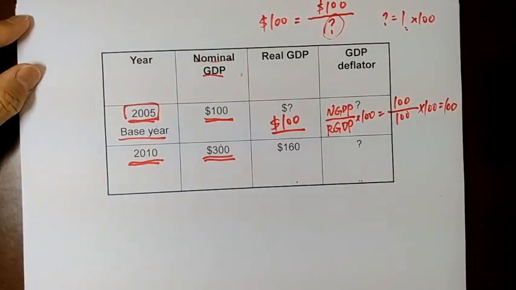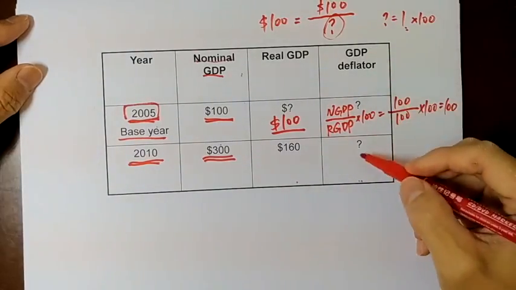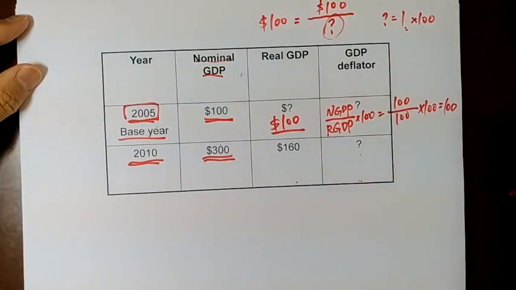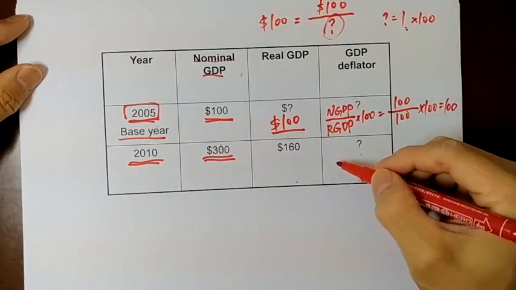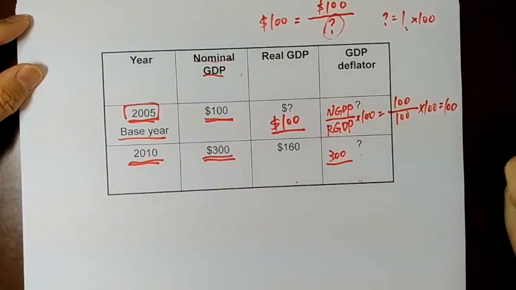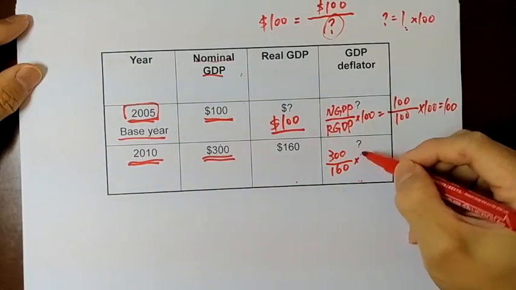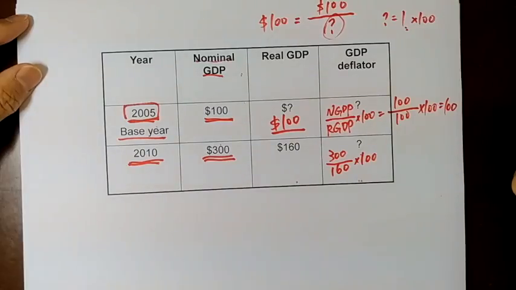Okay? Now let's do one more practice. So what is the GDP deflator in 2010? The answer is 300 nominal GDP divided by real GDP multiplied by 100.